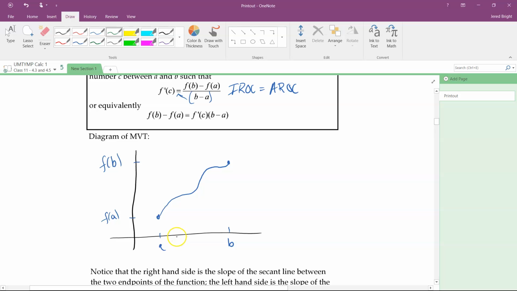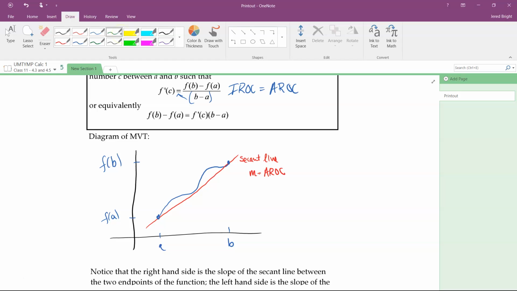And before I look at c, I want to draw the average rate of change, which would be the slope of the secant line that connects these 2 points. Okay, so this is our secant line, and its slope is the average rate of change.